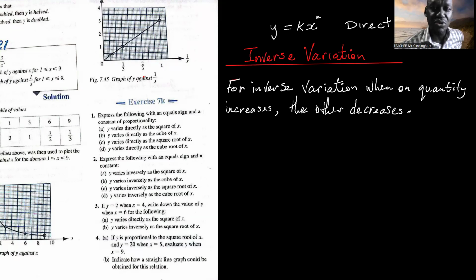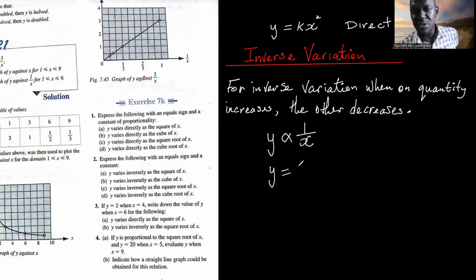If one is increasing while the other is decreasing, then y is inversely proportional to x, that is, proportional to 1 over x. So this is inverse proportion. So y would be equal to k times 1 over x.